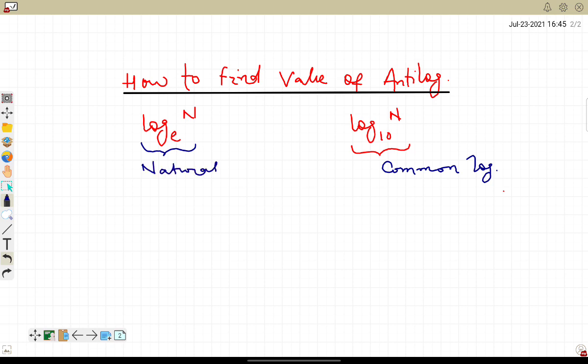This one is called natural log. e is a mathematical constant, and what is the relation between these two? We can find log n base e is equal to 2.303 times log n base 10. One more thing, log base e can easily be written as ln n.